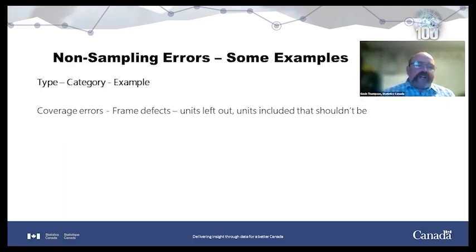All right, so coverage errors, frame defects. So this is where we're leaving out units that could have been included, or we've included units that shouldn't have been. So we've accidentally left businesses in, for example. These things are easy to have happen, especially with frames. The biggest one I think we have to worry about, especially on the business side, is when businesses go out of business. The cleanup process for our business frames is very specific.